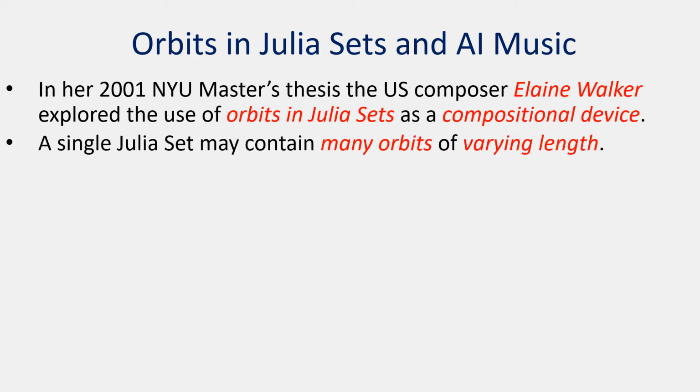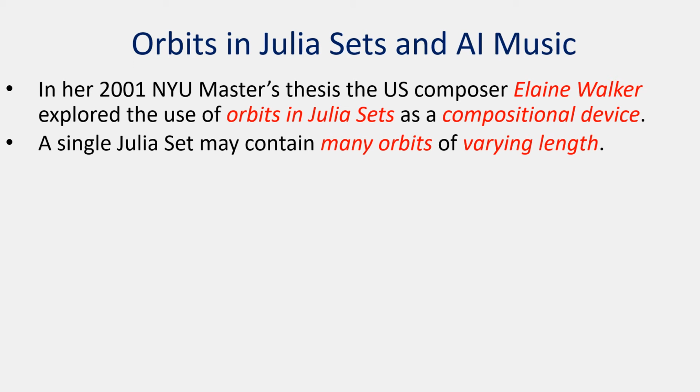So if we take a typical Julia set, especially a quadratic function Julia set, we find this contains very many different orbits which have different lengths. So sometimes we have very simple orbits of length 2 or length 4.